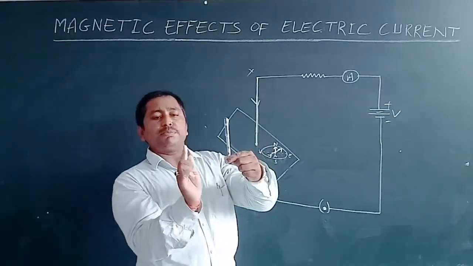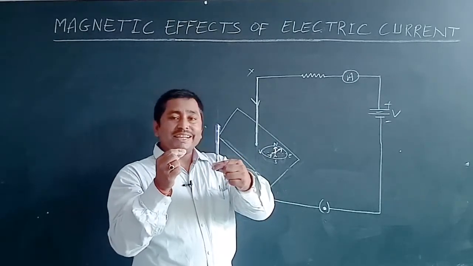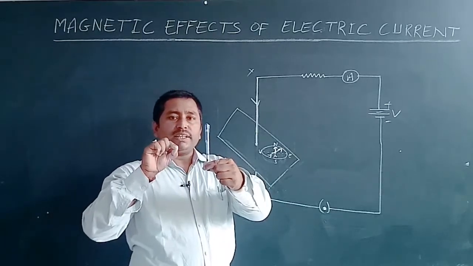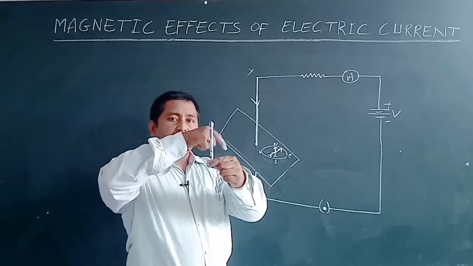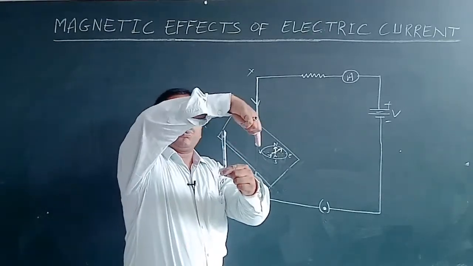When the needle is placed at this position, the deflection lies in this direction. And when the needle is placed at the back side of the wire, the deflection is along this.